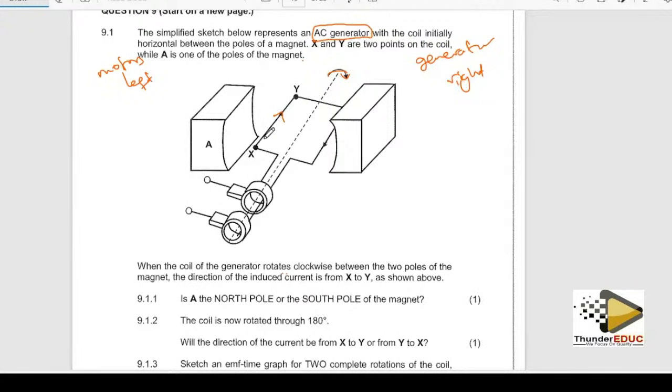So remember what we did when we were looking at the multiple choice question. If I focus on this and I apply my Fleming's right-hand rule, I look at the current on that side, and the direction is upwards, which means my force is going to be moving in this sort of direction.